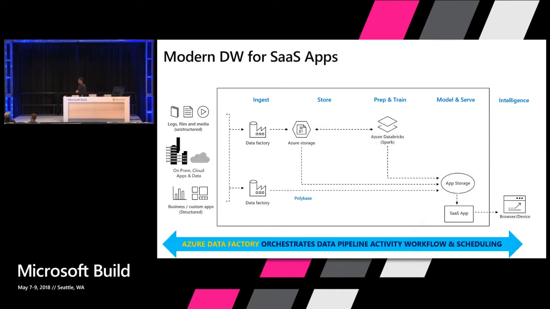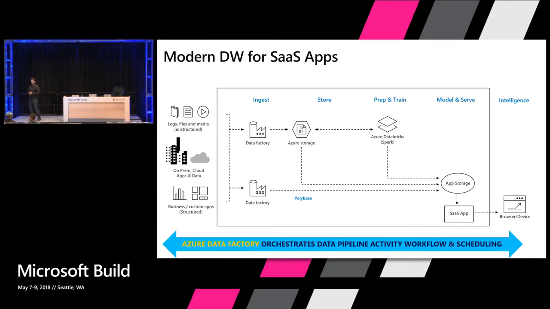The second one that we see across a lot is the SaaS apps, where customers are looking to modernize their data warehouse to essentially build their software as a service applications. And if you look on the left side over here, the pattern is pretty much similar to the previous one, where you have structured, semi-structured data.